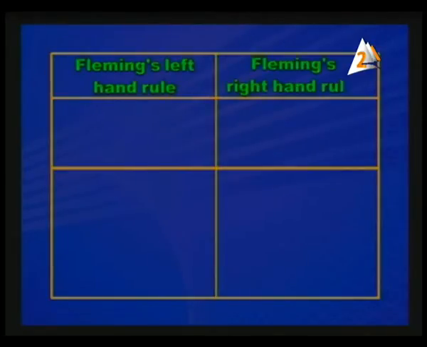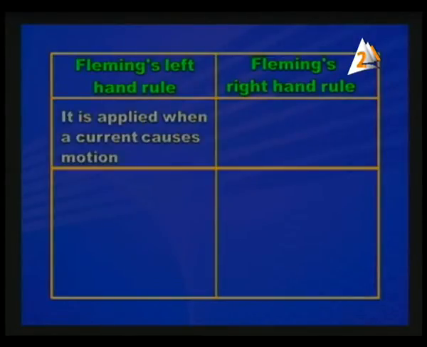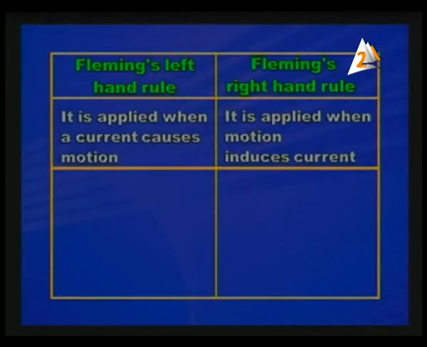And now let's make a comparison between Fleming's left and Fleming's right-hand rule. What about Fleming's left? It is applied when a current causes motion. We first let a current pass, then we've got a force. So it is applied when a current causes motion. And what about the right-hand rule?